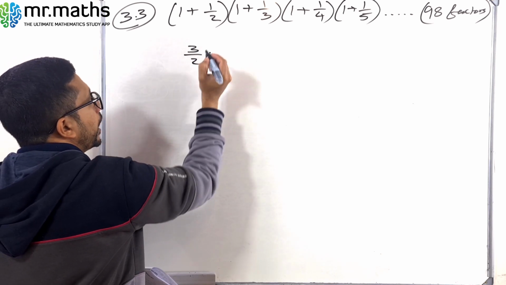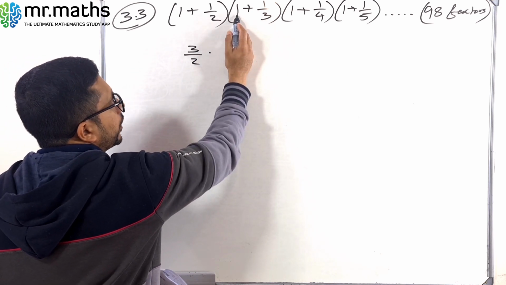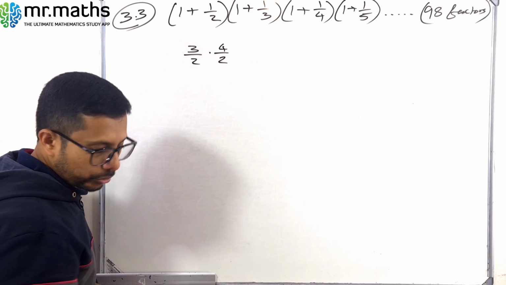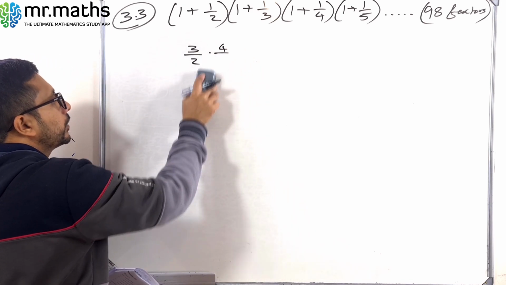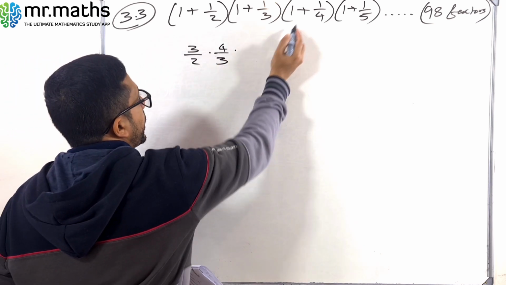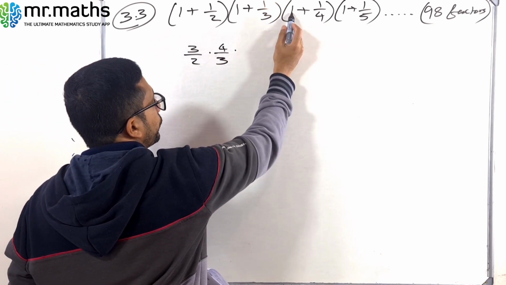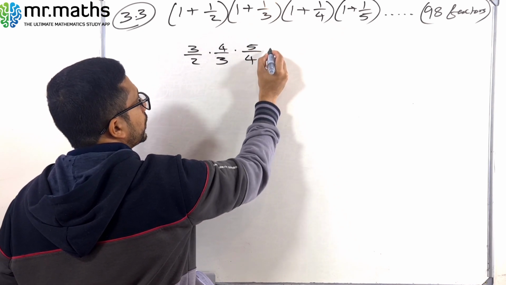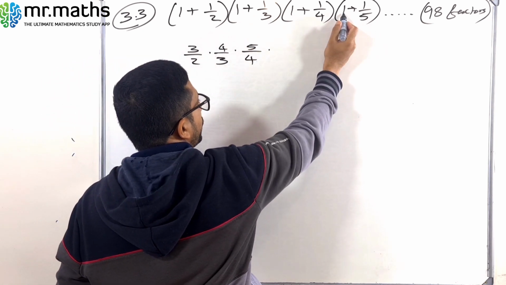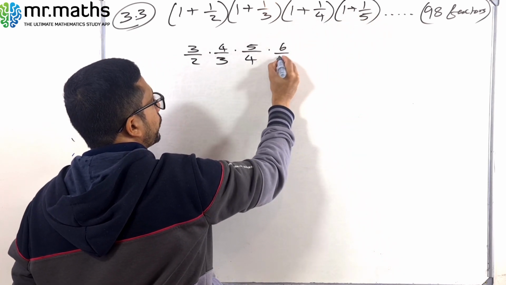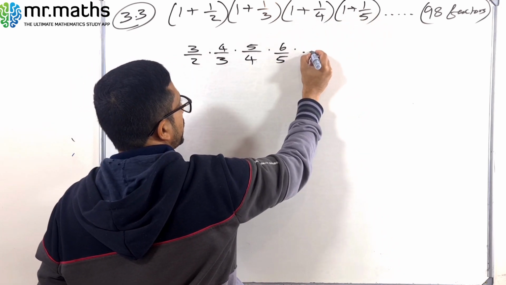Times 3 into 1 is 3, 3 plus 1 is 4, so 4 over 3, times 4 into 1 is 4, 4 plus 1 is 5, 5 over 4, times 5 plus 1 is 6, 6 over 5, times etc.